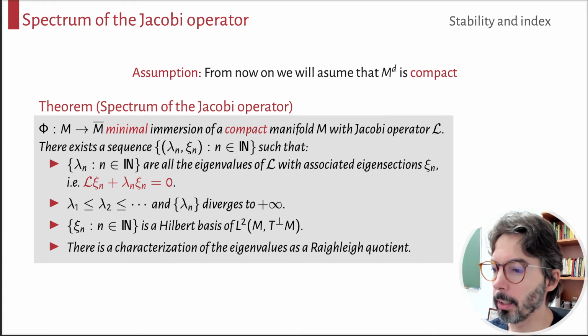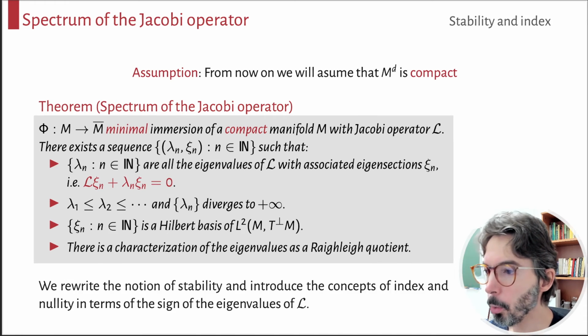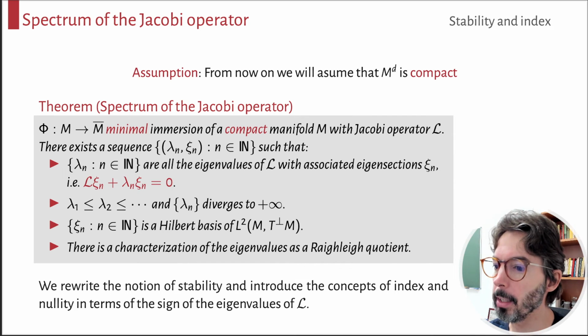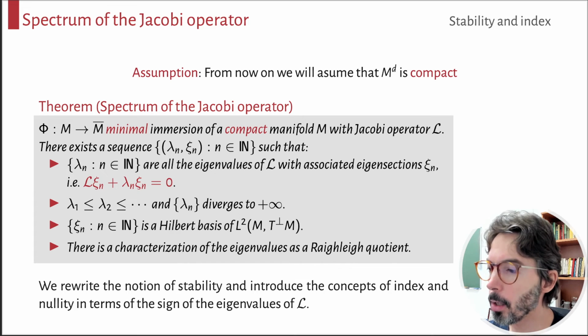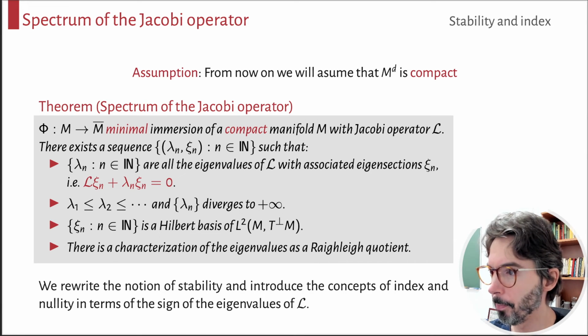And we also have a characterization of the eigenvalues as a Rayleigh quotient. So it actually behaves like a Schrödinger operator. So we can now rewrite the notion of stability and also introduce the concepts of index and nullity in terms of the signs of the eigenvalues of the Jacobi operator L.